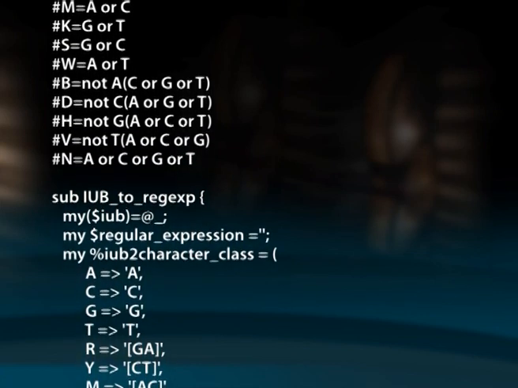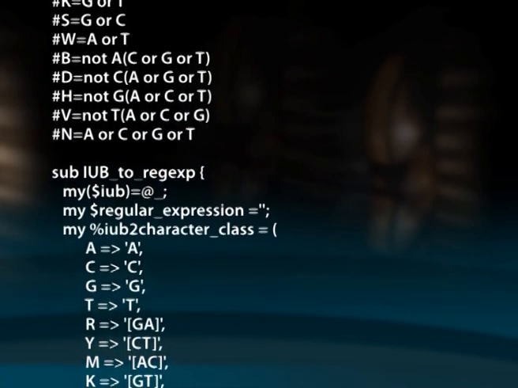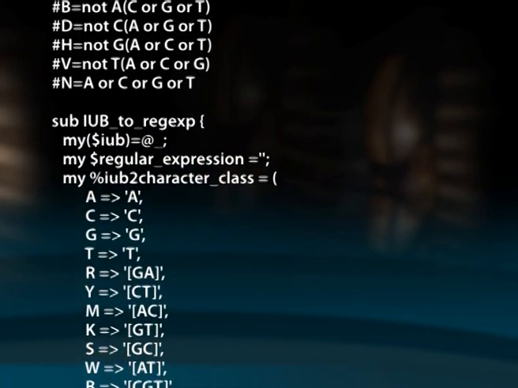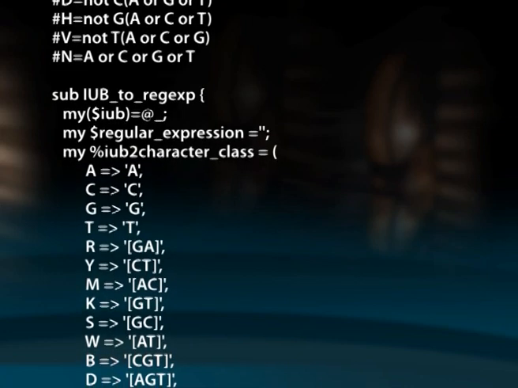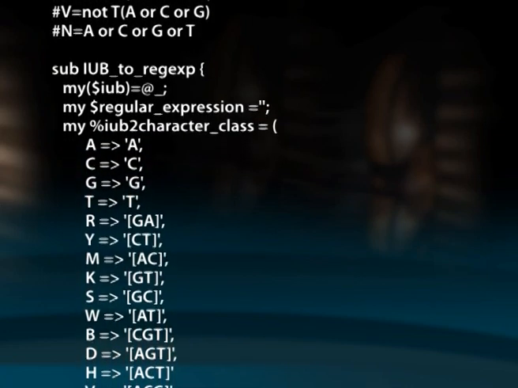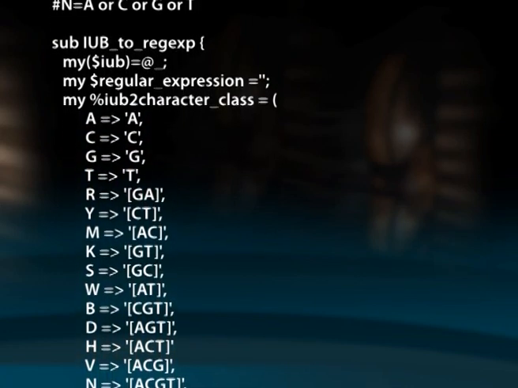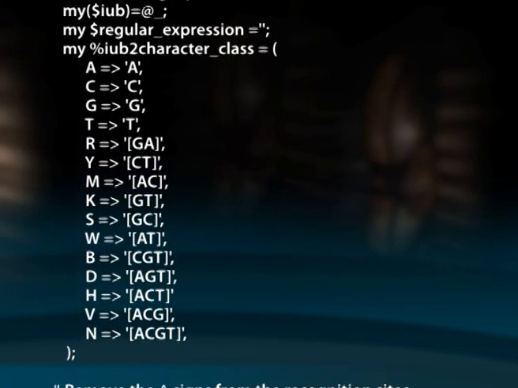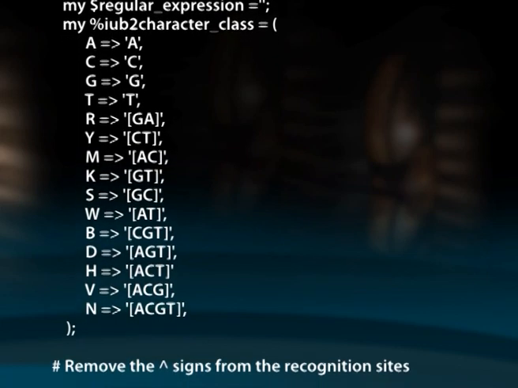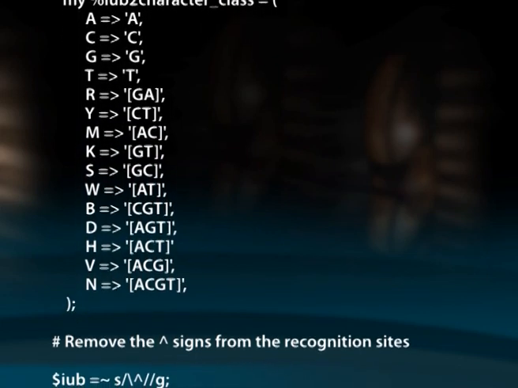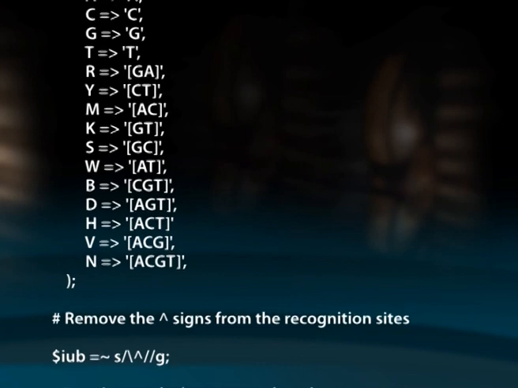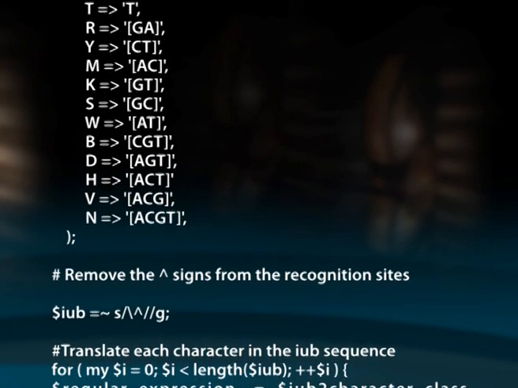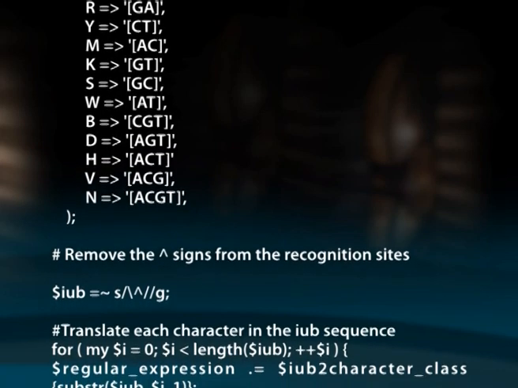The subroutine IUB to regular expression will look like this: first we have to assign the argument to my $IUB. Then the regular expression variable is initiated and the IUB to character class hash is initialized with the letters A, C, G, T, etc. Then remove the caret signs from the recognition sites. The statement will look like $IUB =~ s/\^//g.